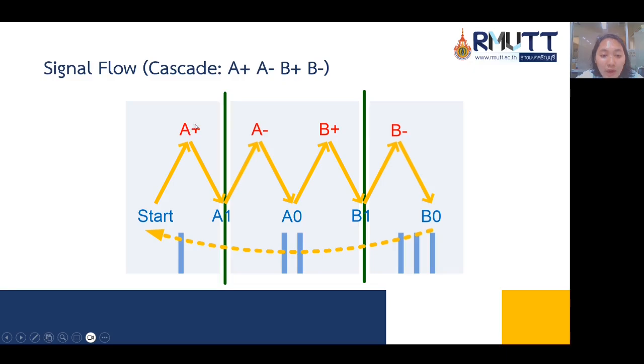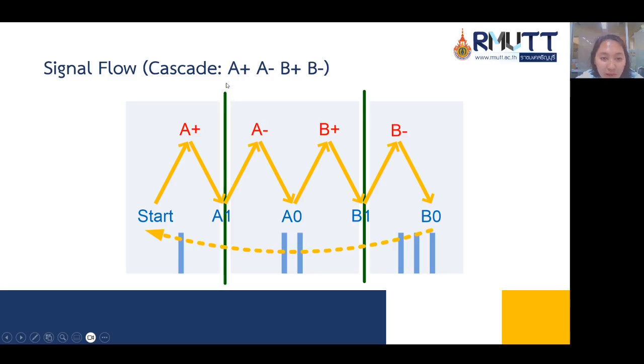This is for output A, output cylinder A with condition A plus and A minus is near, and also there is a flow or condition from cylinder B, B plus and B minus is near.